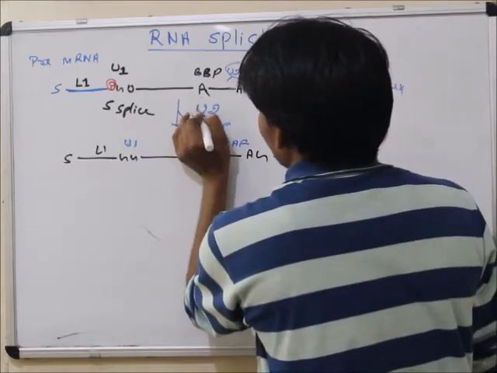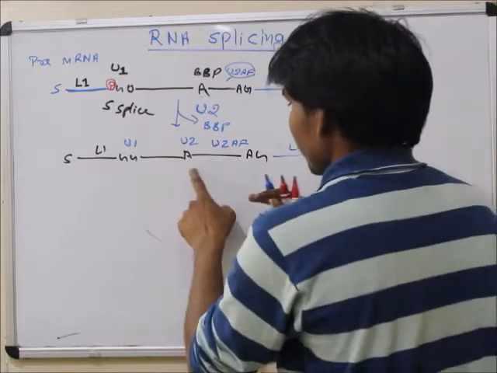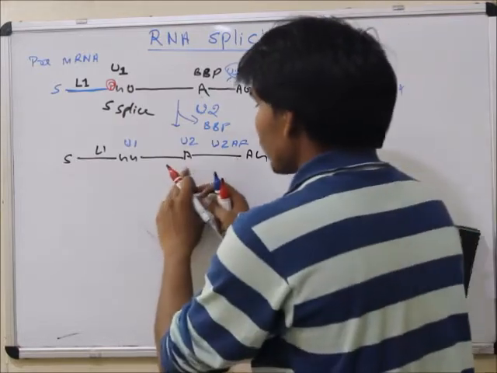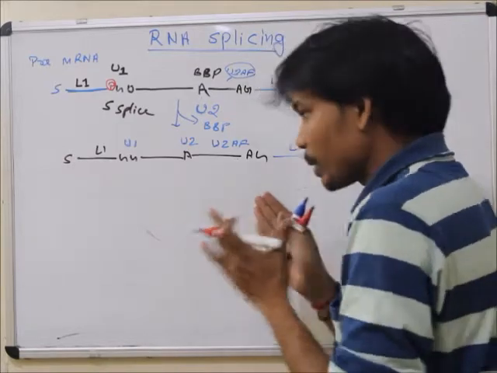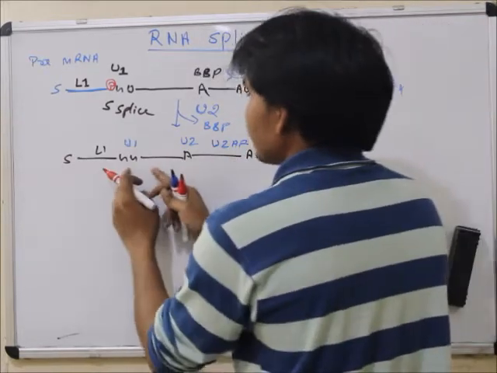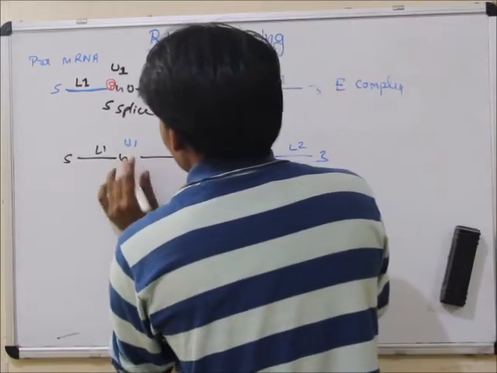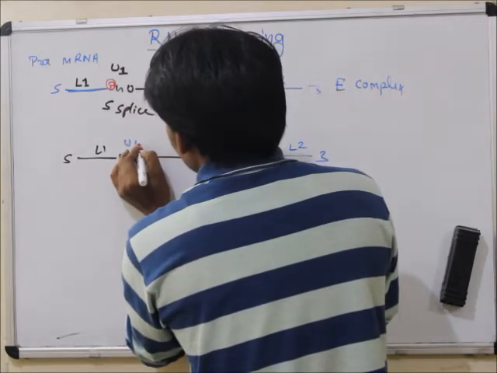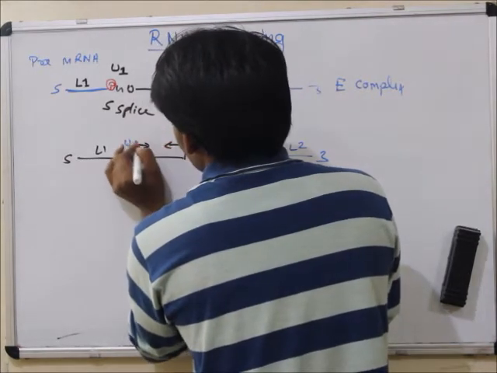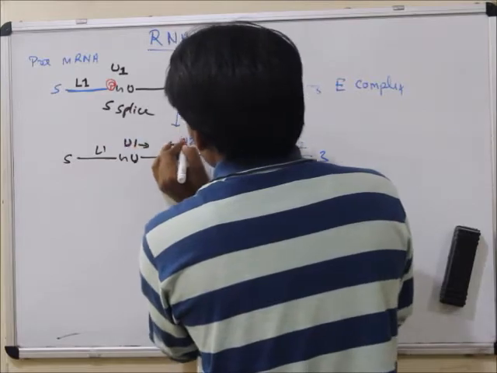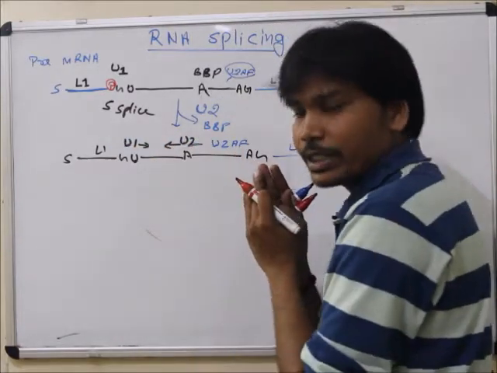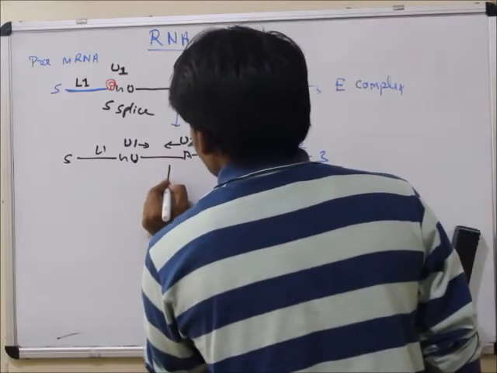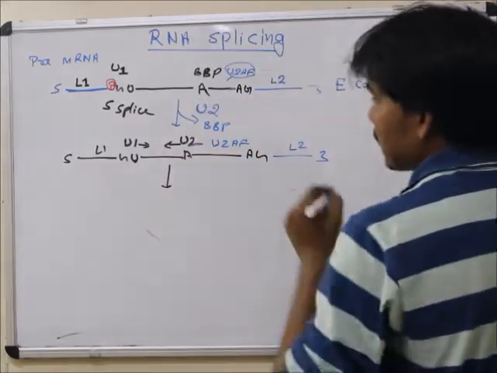When U2 binds to the branching site, there is formation of a close structure, and the GU goes to the proximity. This is U1, this is U2, and they go to the proximity.